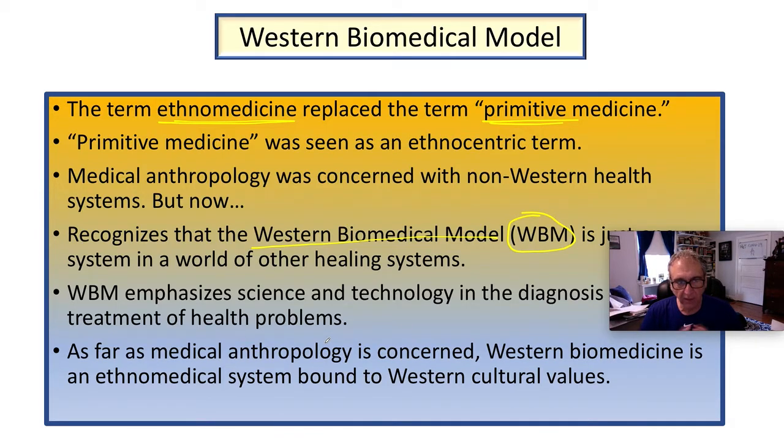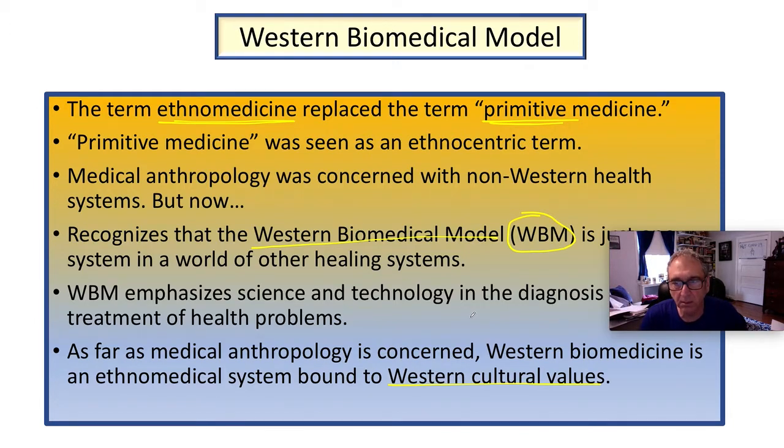Just like any other ethnomedical system, every culture has an ethnomedical system. The Western biomedical model is bound to Western cultural values, just like other ethnomedical systems are bound to other cultural values. We are going to talk about how effective all these are. Do they work?